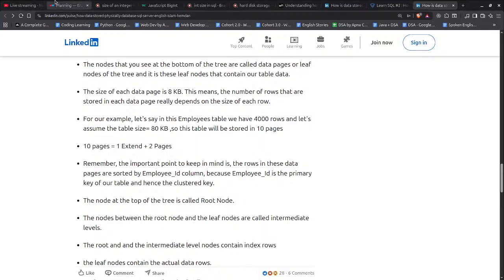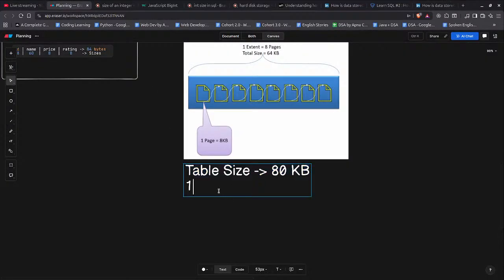So if I want to store 10 pages, how much is that? 80 KB. Table size 80 KB, that is right.